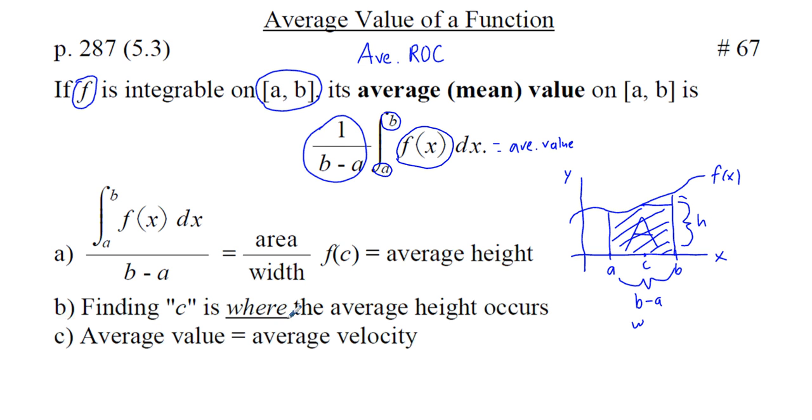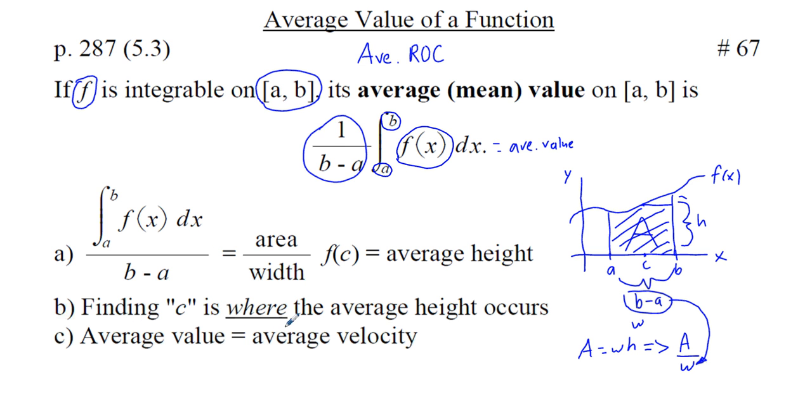And so if this function, for instance, were velocity, we would be finding the average velocity, because if you have area equal width times height, height would be analogous to this. So we would take area divided by width. And if our width is b minus a, that is conceptually how we are considering this an average value application.